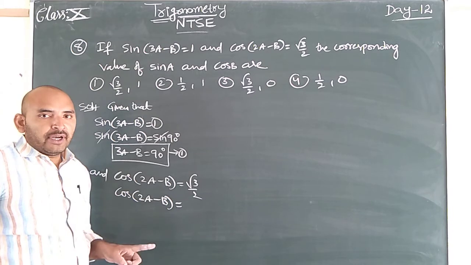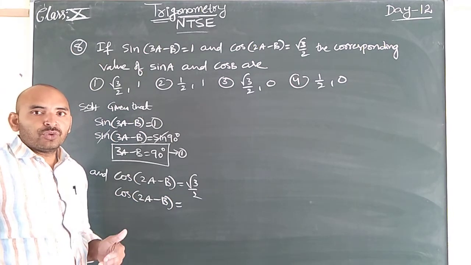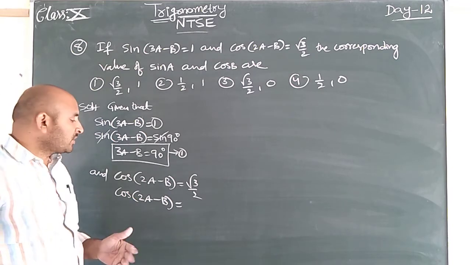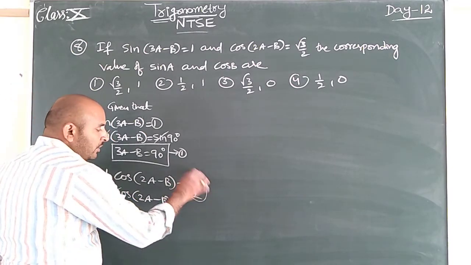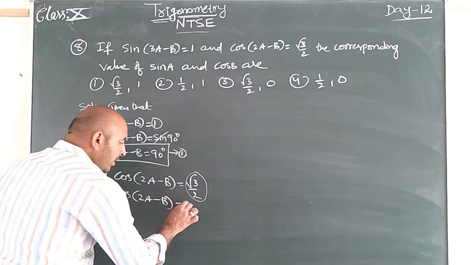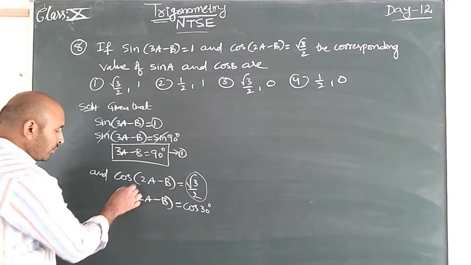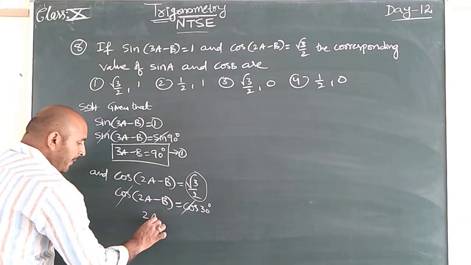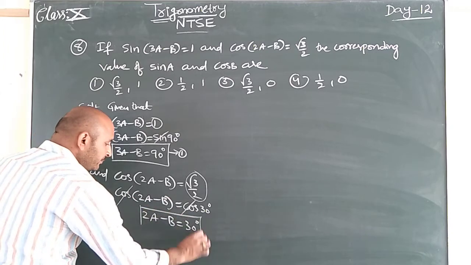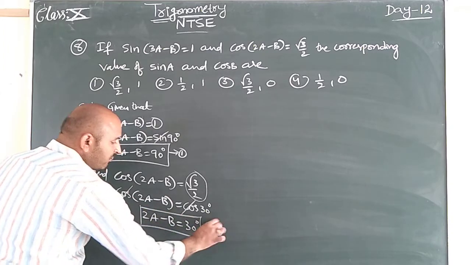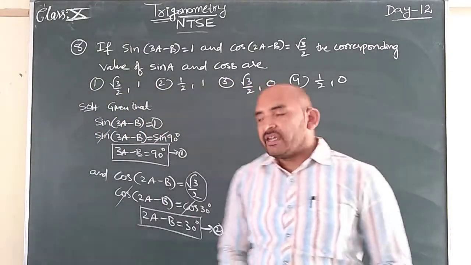Cos 0 is 1, cos 30 is root 3 by 2, cos 45 is 1 by root 2, cos 60 is 1 by 2, cos 90 is 0. So instead of root 3 by 2, you can write cos 30 degrees. Cos cancels, so 2a minus b is equal to 30 degrees. This is equation number 2. Solving 1 and 2, we will get a and b.